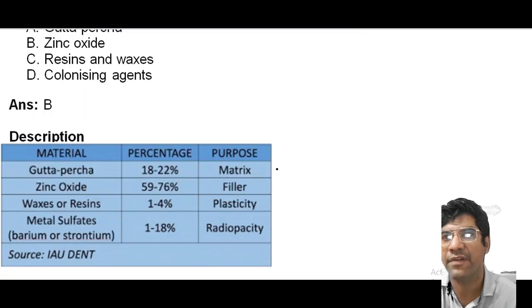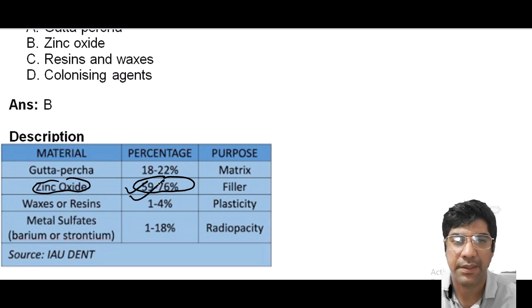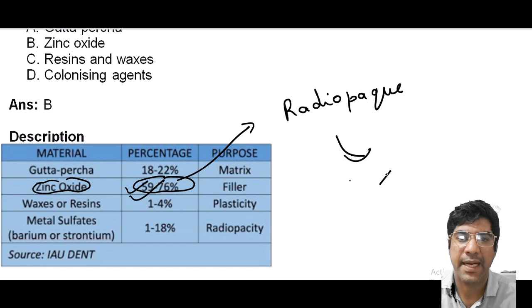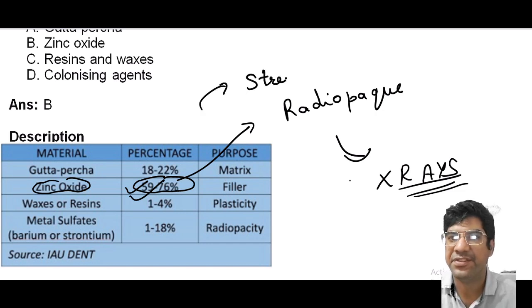The largest component of gutta percha points: the largest component is zinc oxide, at a percentage of 60%. Zinc oxide makes gutta percha radiopaque, meaning that it is visible on X-rays. The incorporation of zinc oxide helps to give the gutta percha the necessary strength.